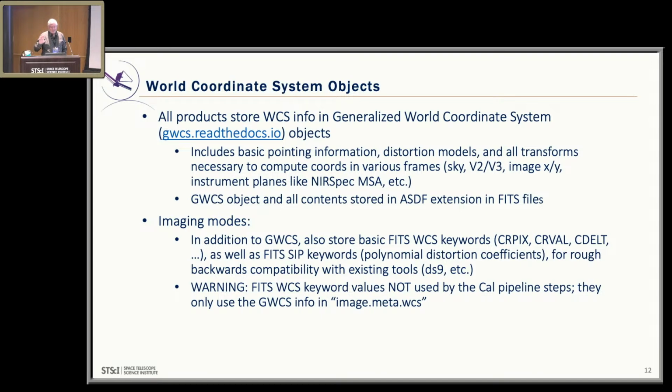We do not rely on the traditional FITS WCS information for doing processing. For imaging modes, we do at least store traditional FITS WCS keywords in the headers of the FITS files, but those are there purely for the purpose of backwards compatibility, such that if you just want to load an image up into DS9 or something, you'll get some reasonable cursor feedback on what your RA and DEC are as you scan around the image.